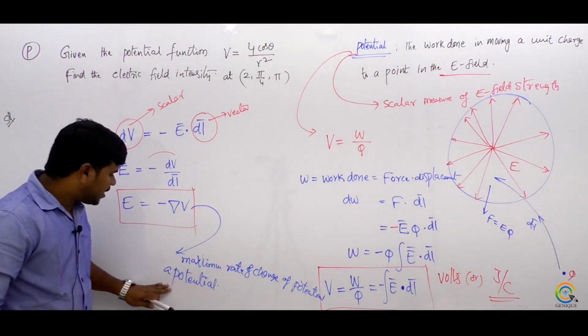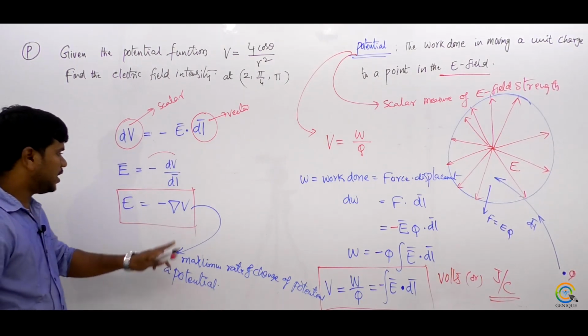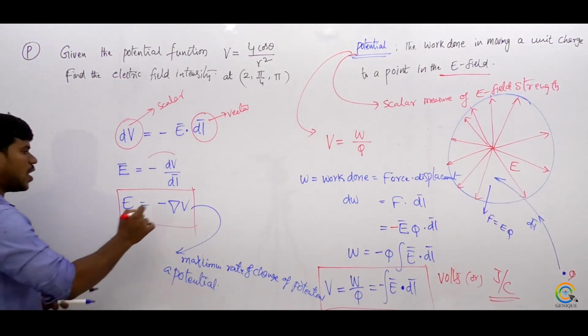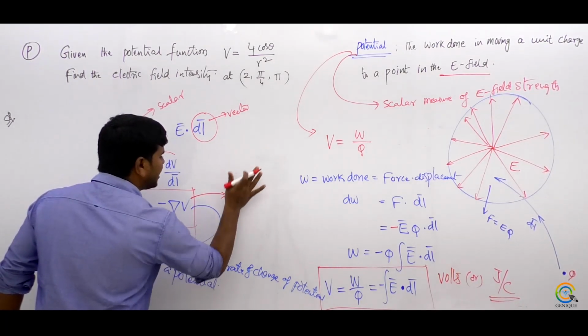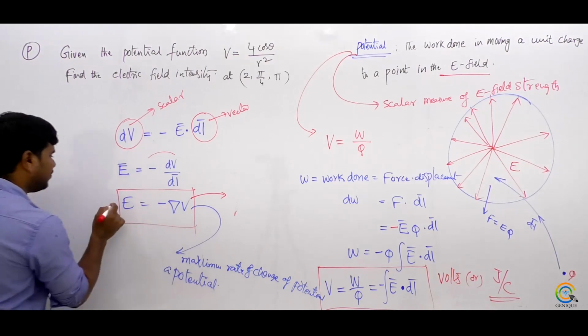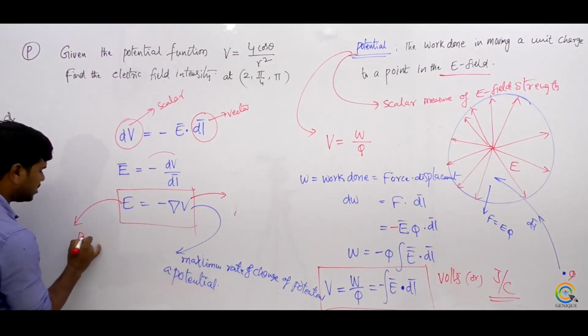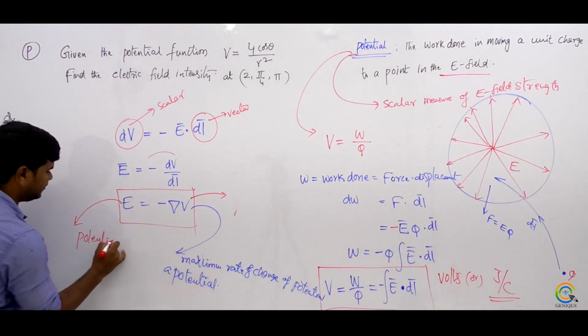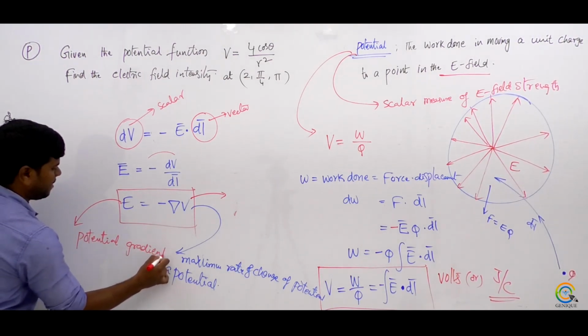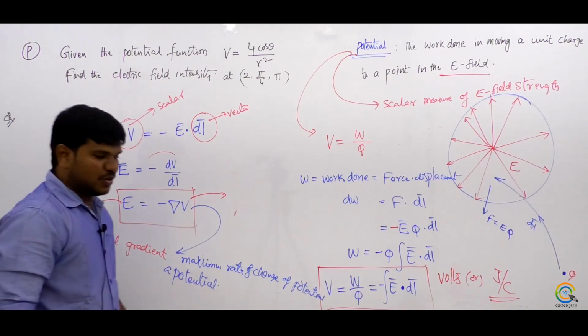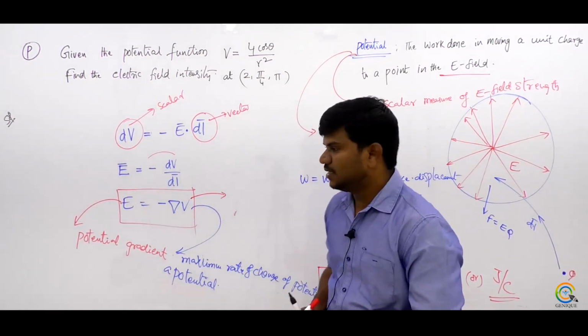The gradient represents what? It is the potential gradient. So the electric field can also be called the potential gradient. Understand?